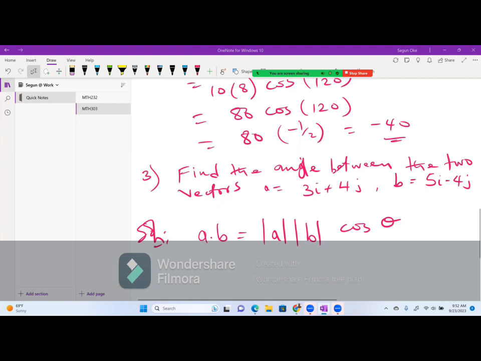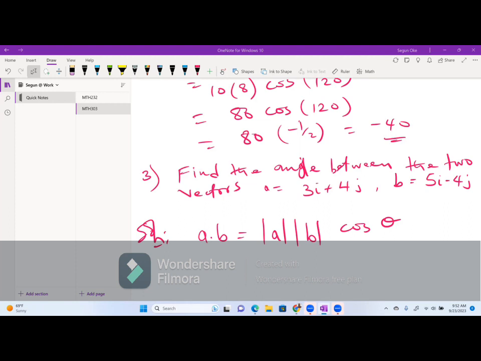So all I need to do is get another formula out of this one. For me to make cos theta the subject of the formula, what do I need? Divide both sides by the magnitude of AB.